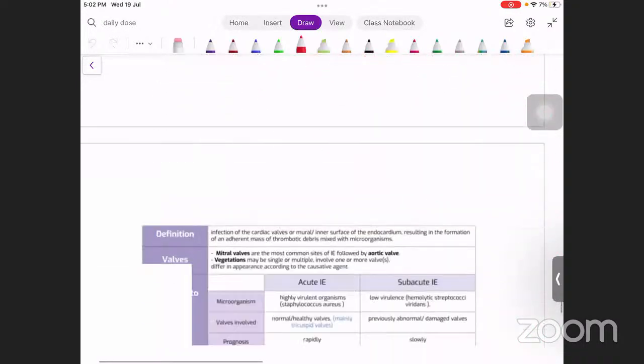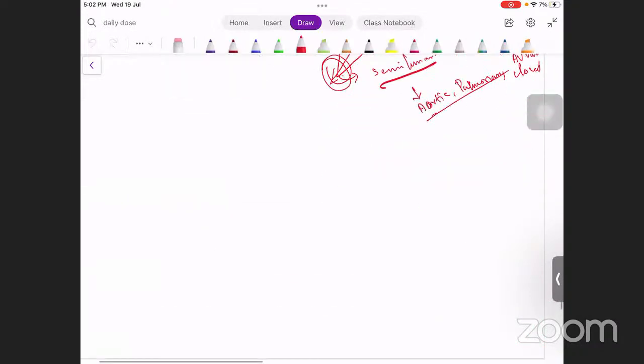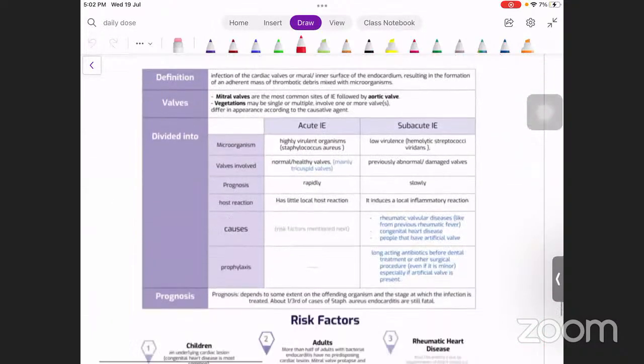Then we are talking about infective endocarditis. Speaking about infective endocarditis, there is colonization of bacteria on your valves, and the most commonly affected are the mitral valve over the aortic valve, and vegetations could be single or multiple.